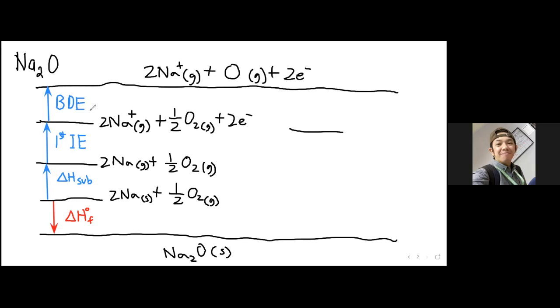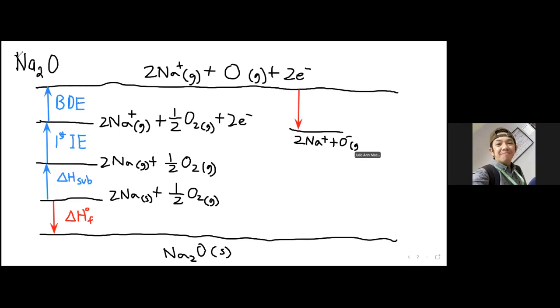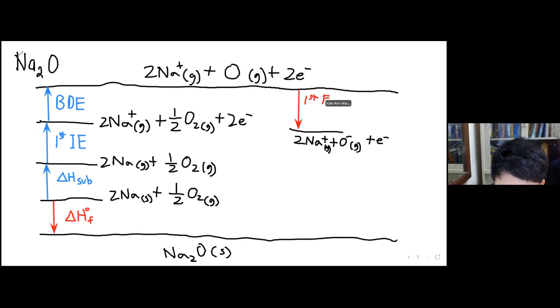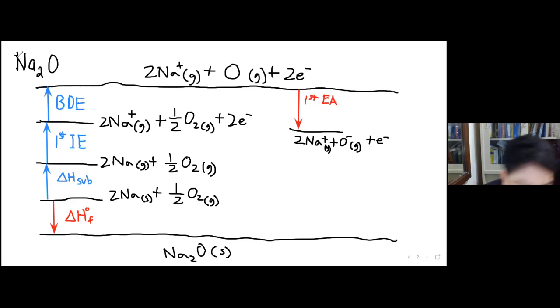Next step. It's really a good thing that you use different colors for your arrows so that we can easily indicate the endothermic and exothermic reactions here. So what is that transition step? The first EA, or the first electron affinity. When oxygen will gain an electron.